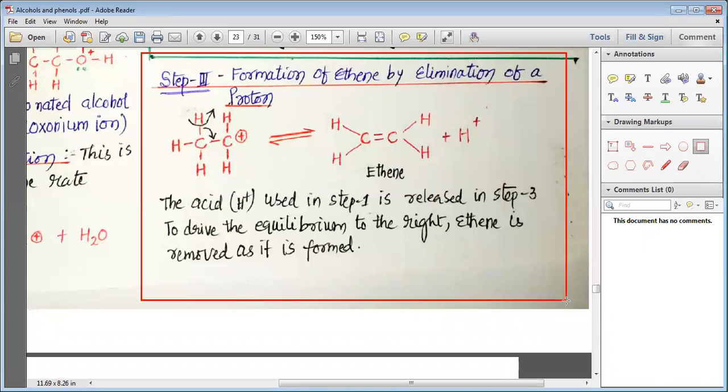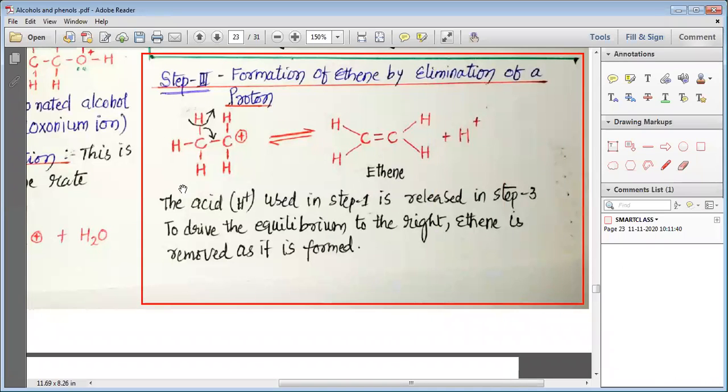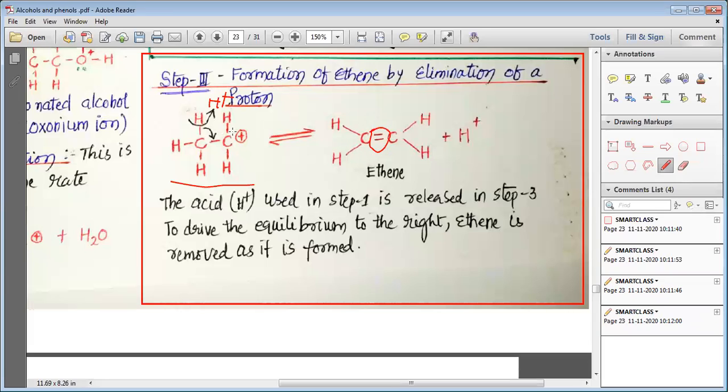In this particular step, this is the carbocation that we have. You can see that this hydrogen goes away as an H plus. The electrons of this bond come to this carbon and that is how this double bond is formed. Both carbons make the double bond, and that is how we get a product which is an alkene.